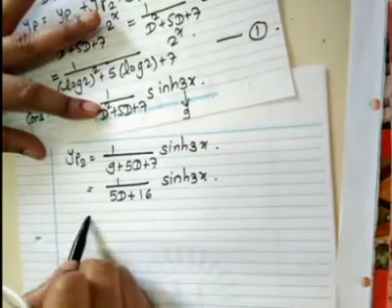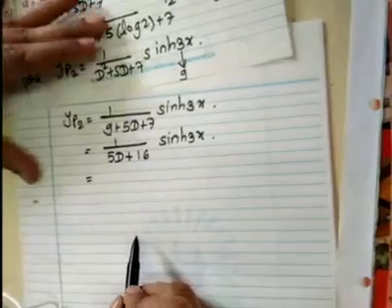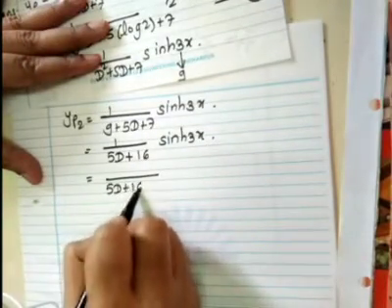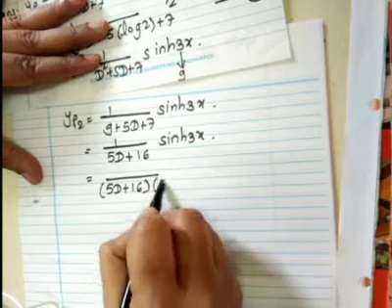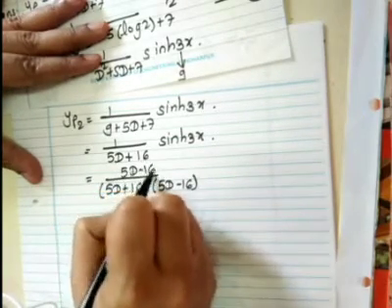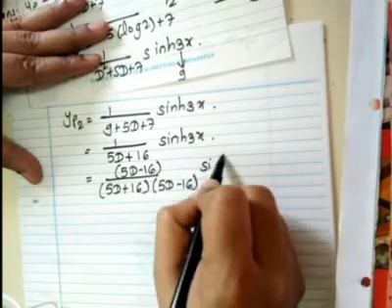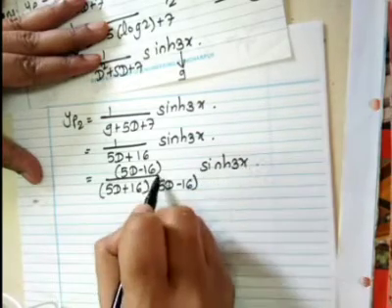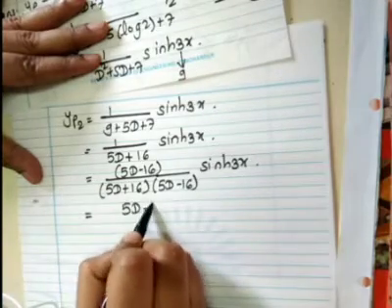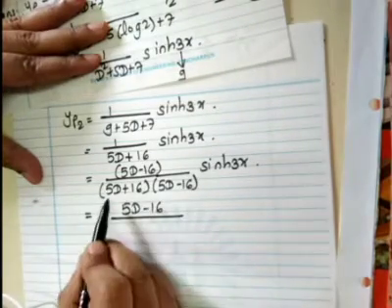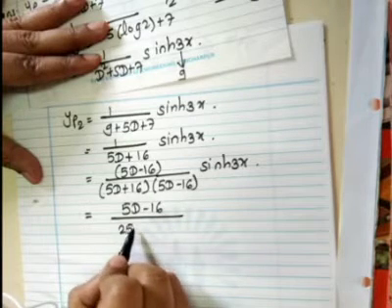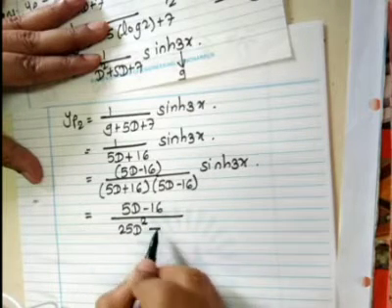Okay. So as now there is D, we need D square, so we have to rationalize again. That is 5D plus 16, multiply by 5D minus 16, into sine hyperbolic 3x. Right? That is 5D minus 16 upon a plus b, a minus b, a square, 25D square minus 16 square.